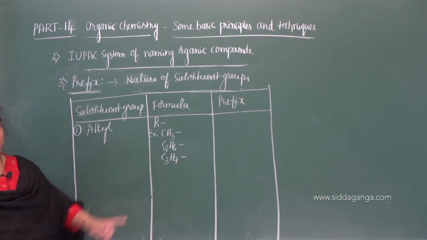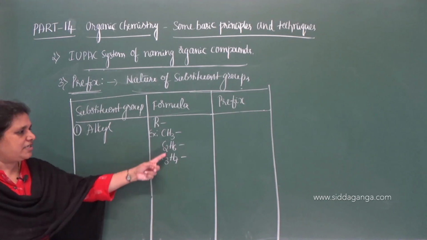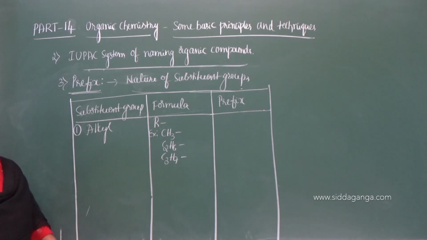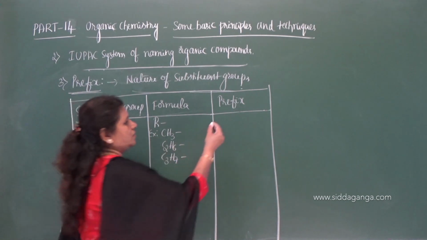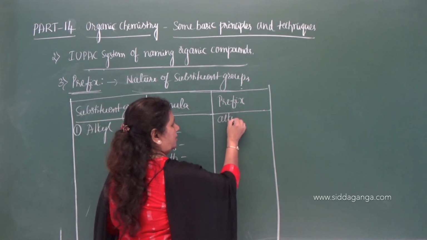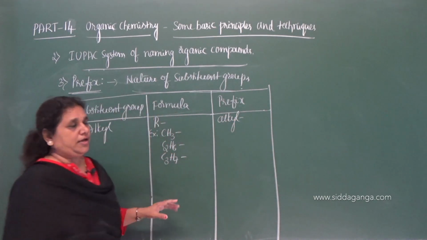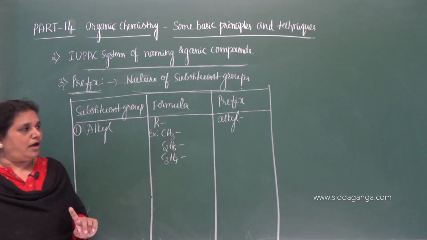So, R is the general representation for this. Then what is the prefix that we can use if R group is present? Again we have to use the prefix alkyl, written in small letters only, alkyl.